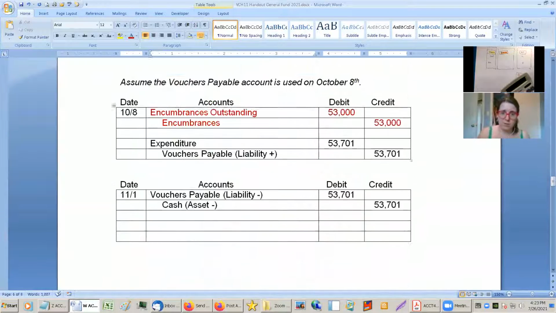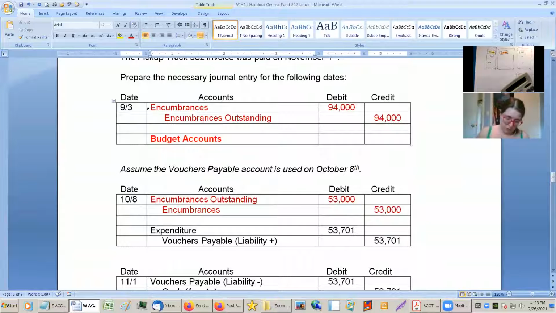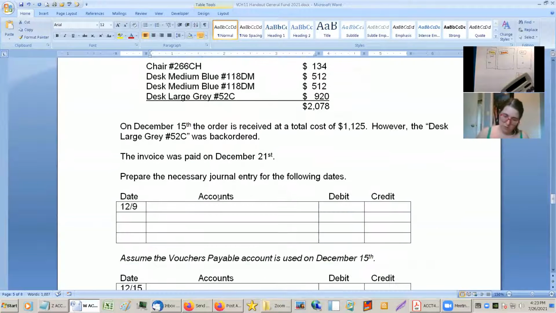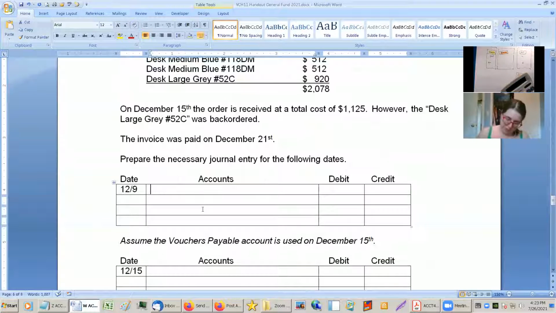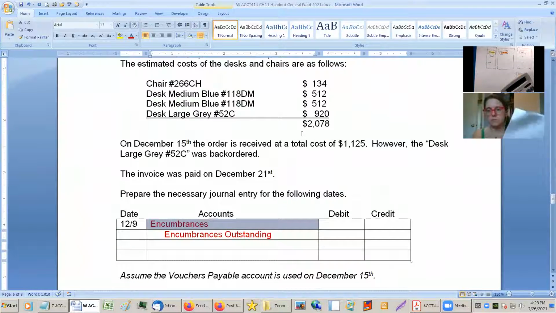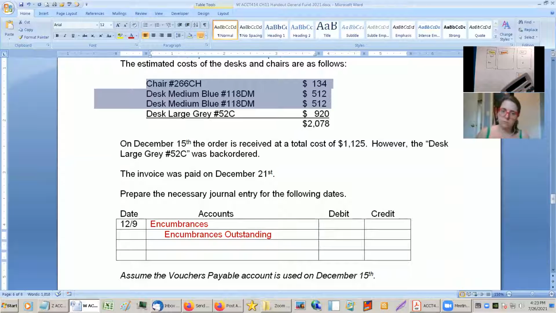And then scrolling down to 12.15, when we've received 3 of the 4 items, we would reverse out $1,125 from the encumbrances outstanding. Well, no, you subtract out these for the encumbrance outstanding, whatever those come out to.